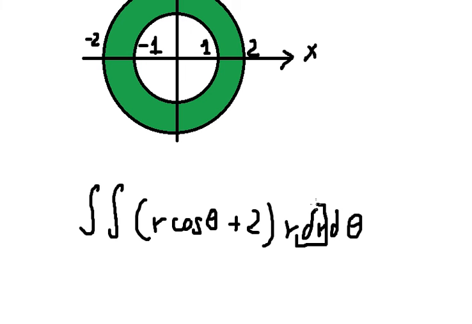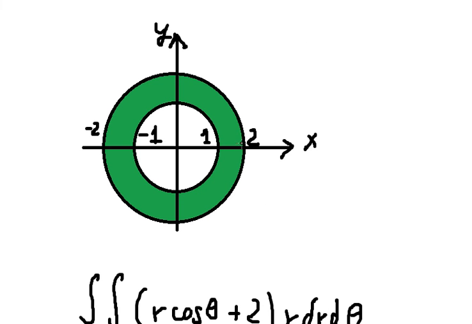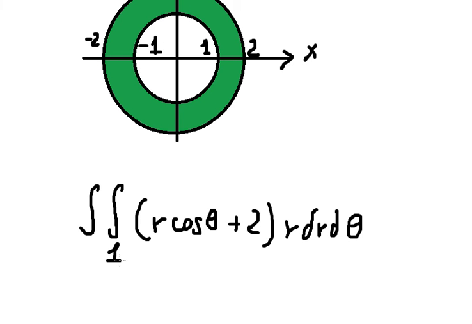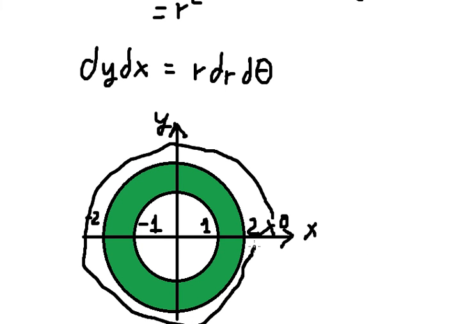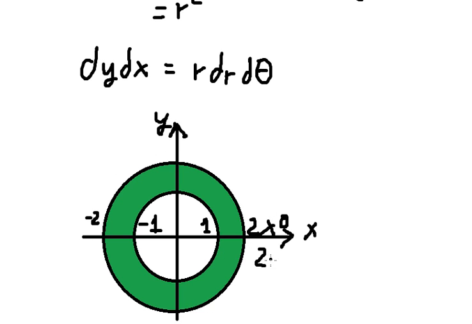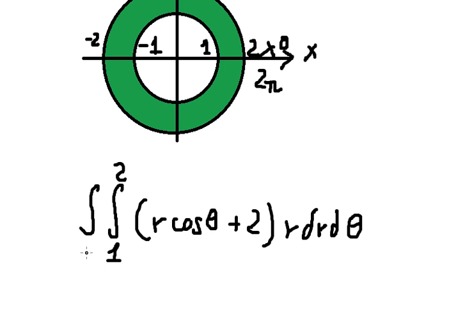About dr, that is the radius of the circle, so that should be from 1 to 2. About theta, we need to know that they start at 0 in here and they go one circle. And this is 2 pi. So that should be from 0 to 2 pi in here.